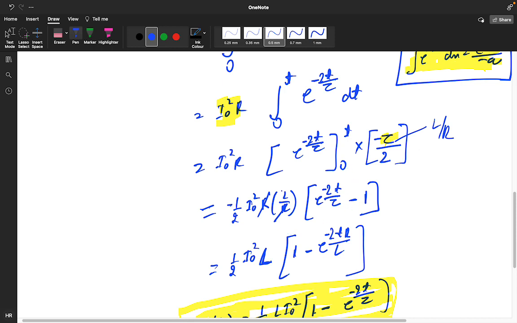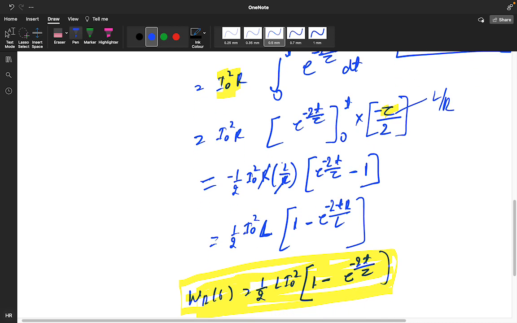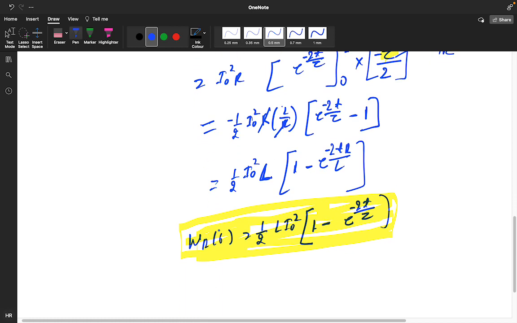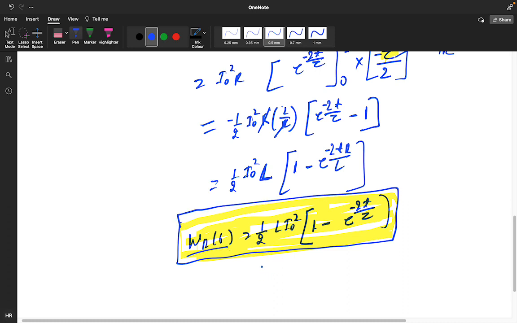When I transfer this sign to this side, I get 1 minus e power minus 2t into R by L, and after that I just converted it as a function of the time constant. So I got the energy stored in resistor: half L I naught square, 1 minus e power minus 2t by tau.